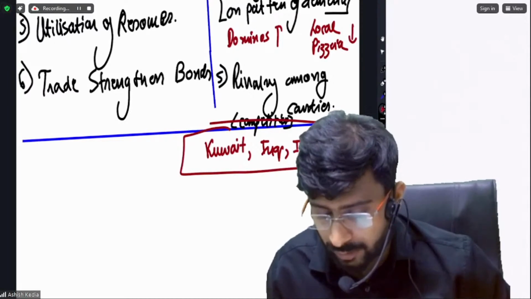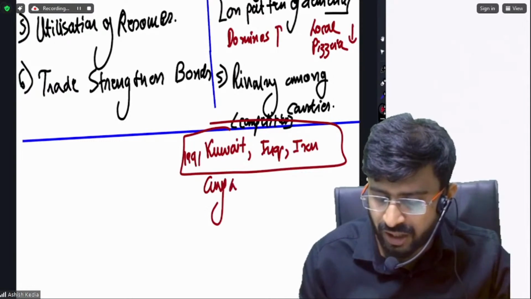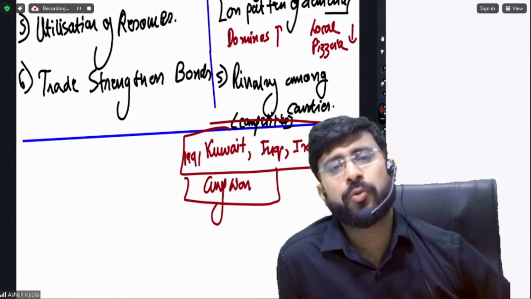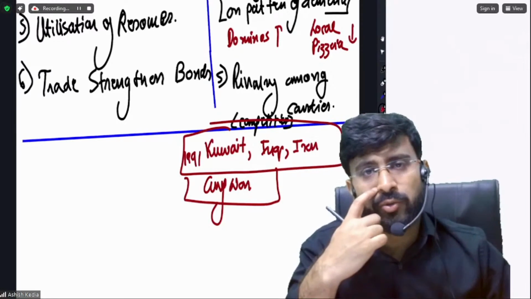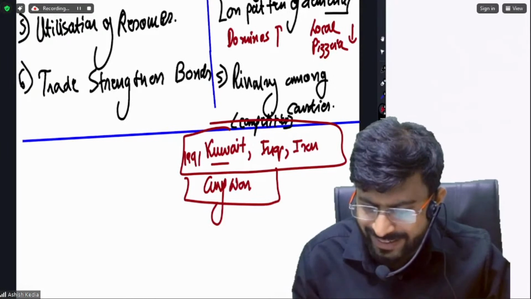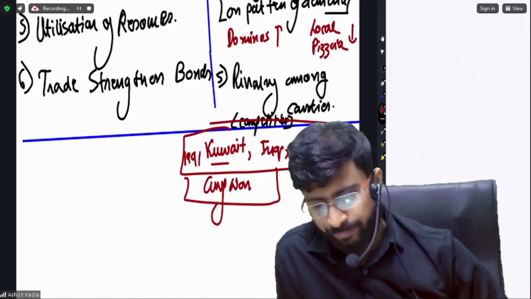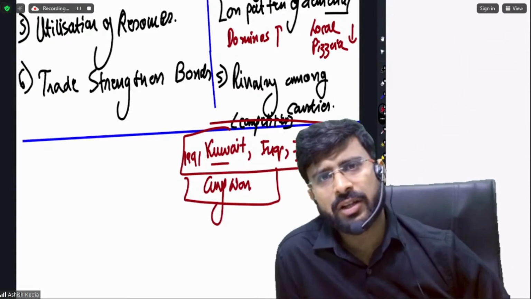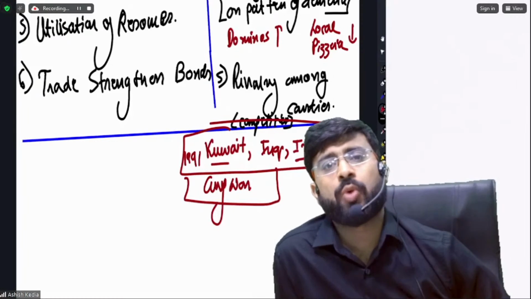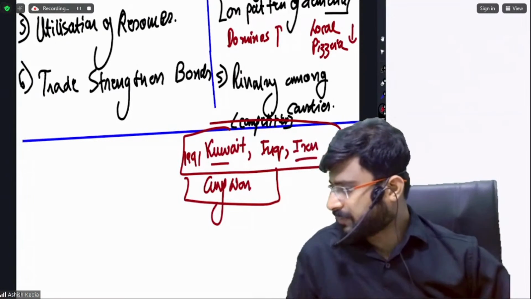Friends, you Google the 1991 Gulf War. It was a war related to exports, competing for oil. I guess it was between Kuwait and Iran. Saddam Hussein was involved in this war. So such wars may take place between countries because each will want to sell and export their products.